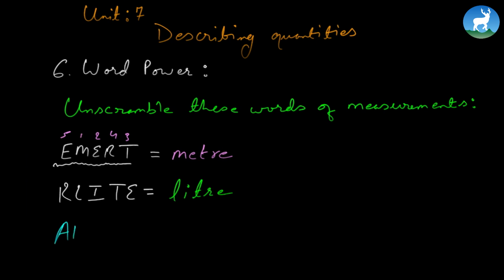Now we go again for the next one. A-R-D-Y. Can you figure it out? If you place it as A-R-D, then Y, yard. Let's go for one more, and the rest you'll have to figure out yourself. Now here you go.